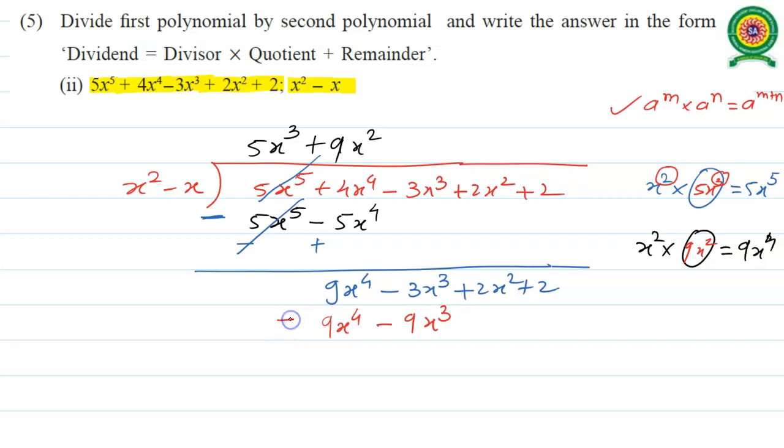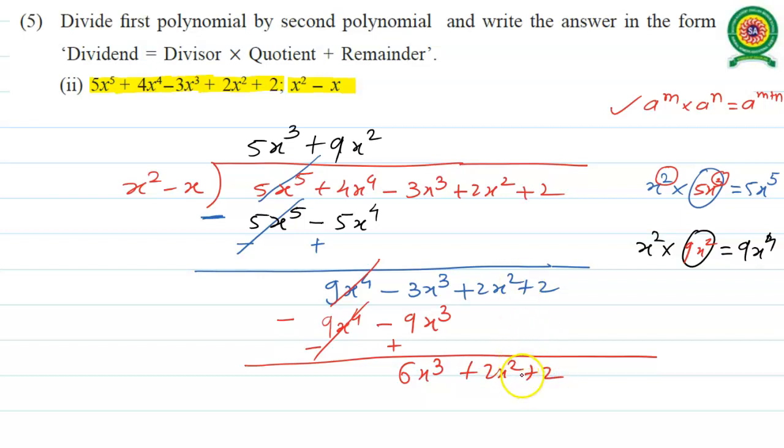Now as we are in division, do the subtraction. Due to the middle sign being minus, all signs change from plus 9 to minus 9, minus 9 to plus 9. So positive 9x raised to 4 and negative 9x raised to 4 get cancelled. Now minus 3 plus 9, we are getting 6 times x cube plus 2x square plus 2 as it is.